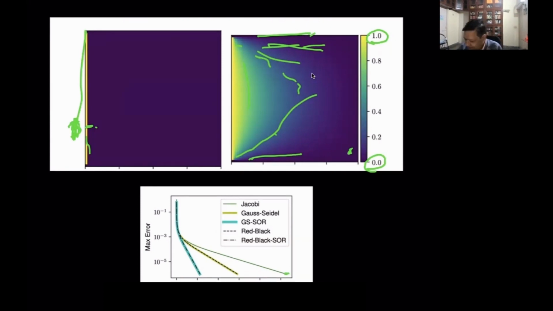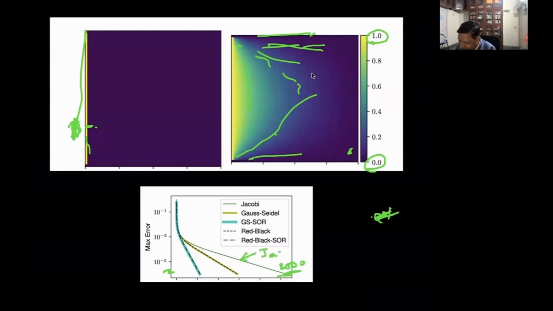So around 2000 iterations, we get the error to come down. I have a table where I list the number of iterations required for 10 to the power minus 6. This is the Jacobi method. I'm going to describe the other two in the next slide.